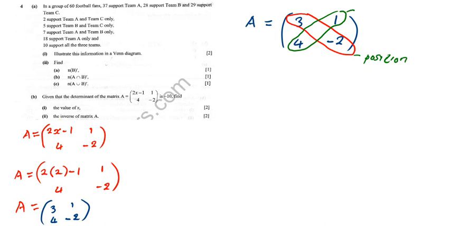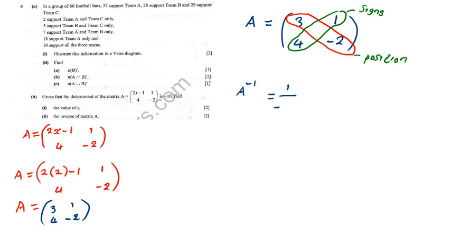In the minor diagonal, they will exchange signs. So finding our A inverse, that's the symbol for inverse, is equal to 1 over the determinant we are given to be negative 10.